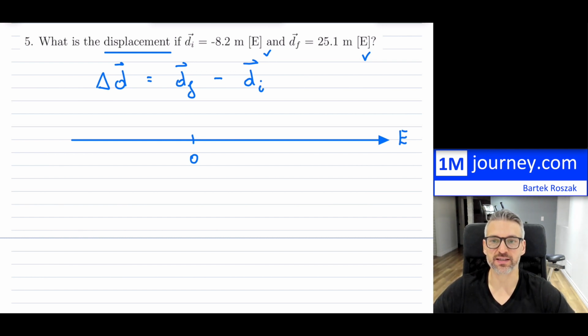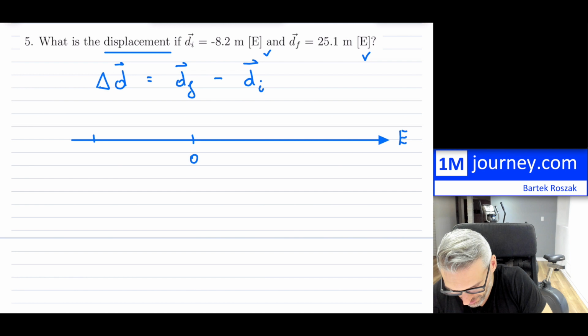Now initially it says it's at negative 8.2 meters east. That negative just means that vector is actually on the other side.